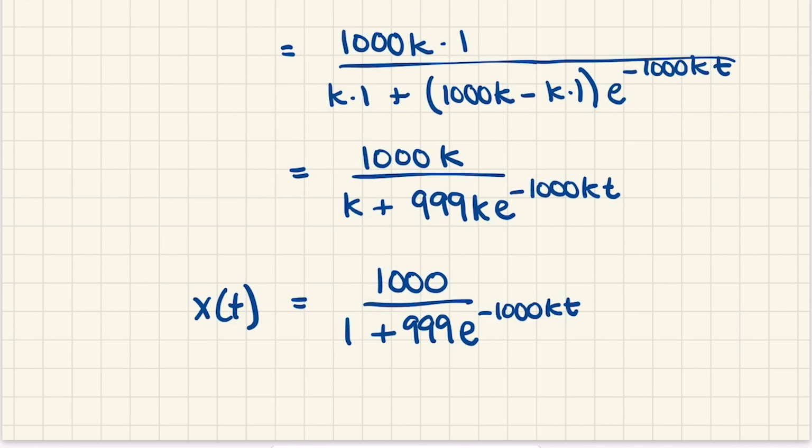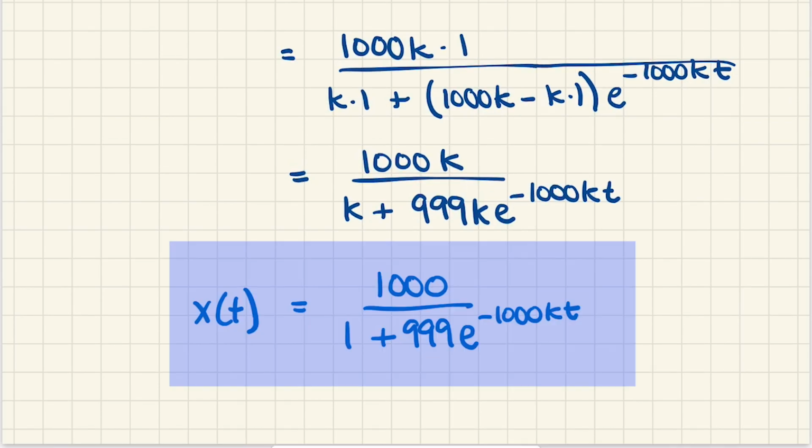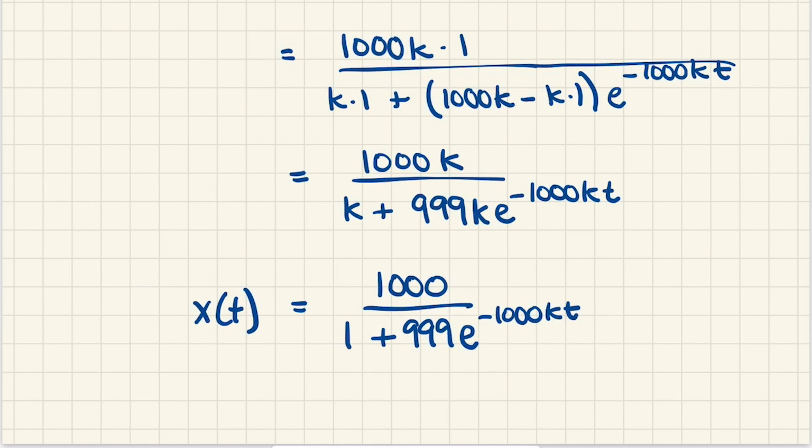So we still have an unknown parameter, which is K, and we would need more information from the situation in order to determine K. Look at the model, by the way, and convince yourself that at t equal to 0, our x value is simply 1.